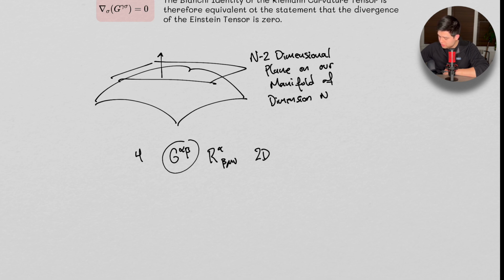Right, so these two guys are inherently linked, which is what we talked about last time. One's just a projection of the curvature onto a lower dimensional plane that's tangent to the manifold, and it's by 2 dimensions lower.